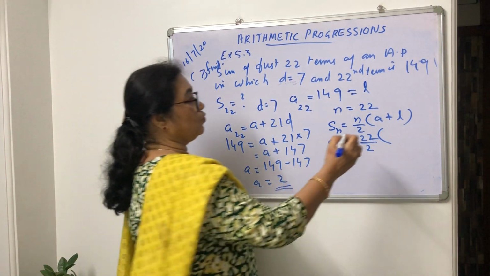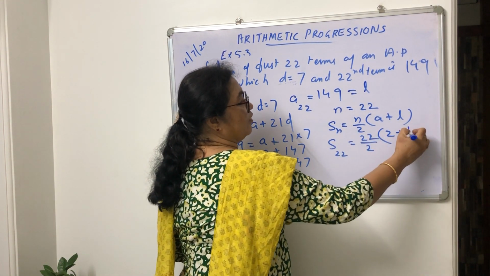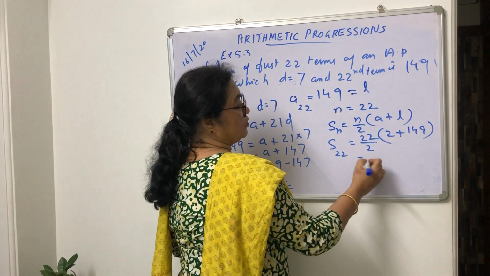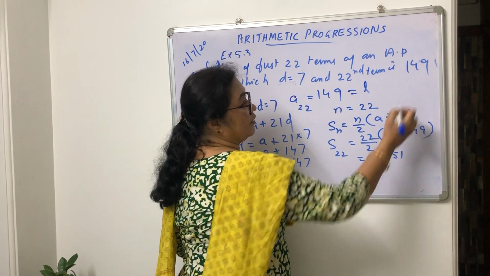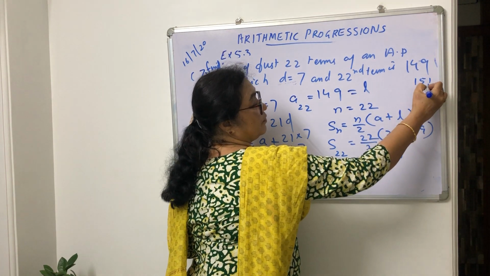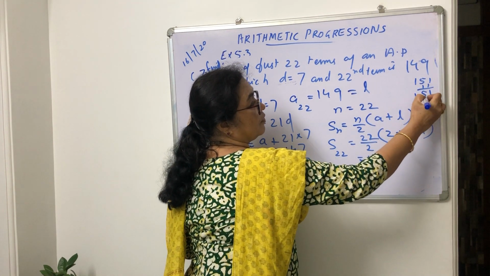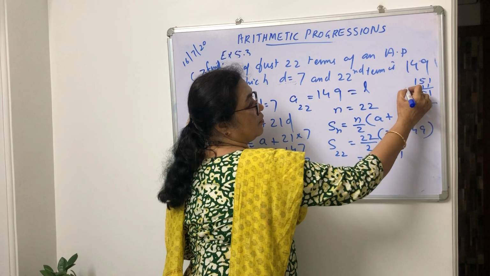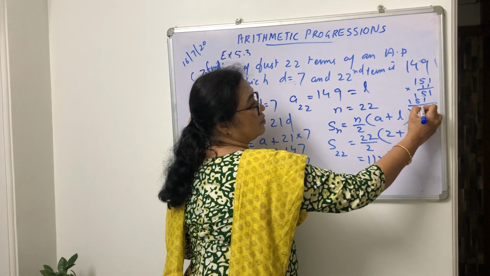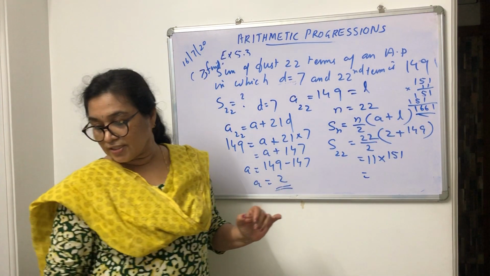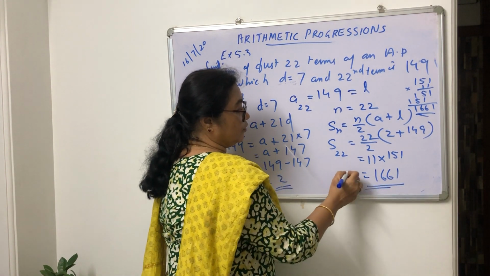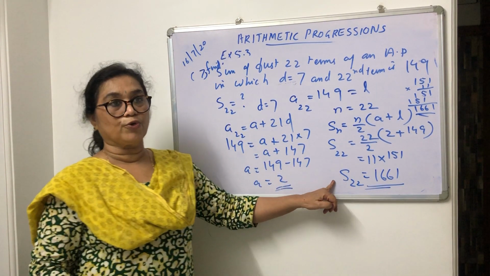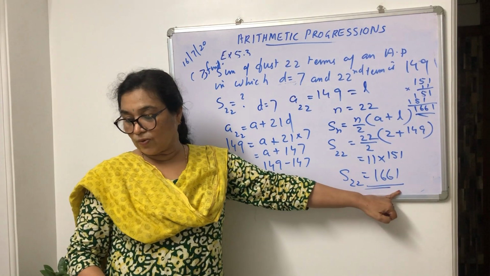A is 2, L is 149. So this is 11 into 151, 1661. Therefore, sum of first 22 terms is 1661.